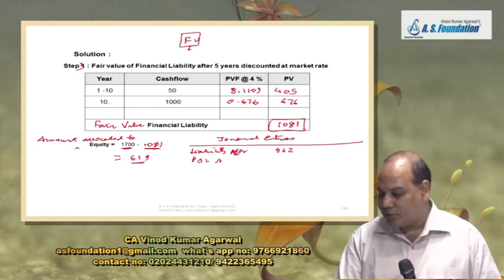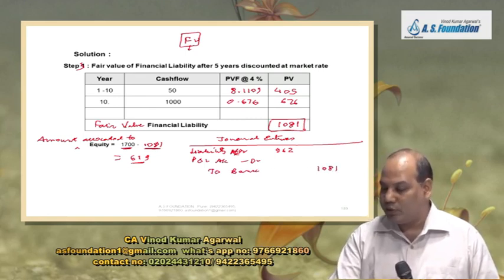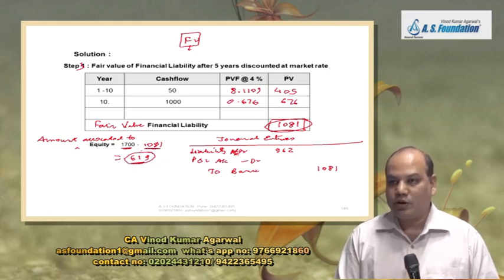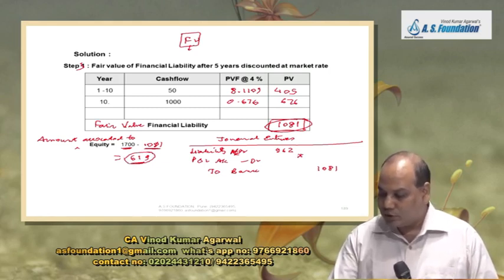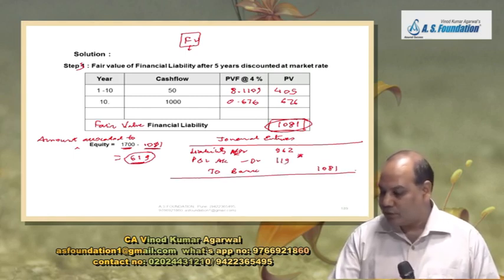P&L account debit, balancing figure, to bank 1081. 1081 is towards liability. 619 is towards equity. So anybody wants to volunteer? What is the loss? 119 approximately.